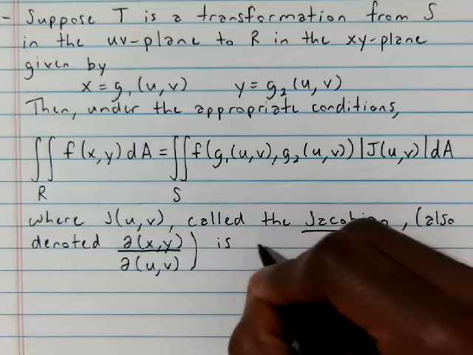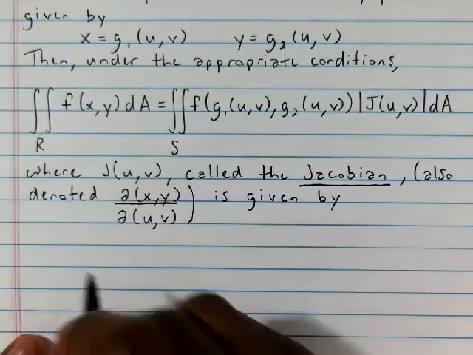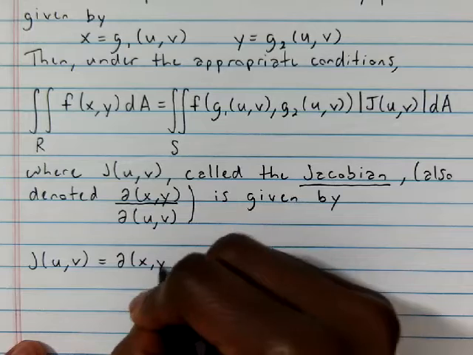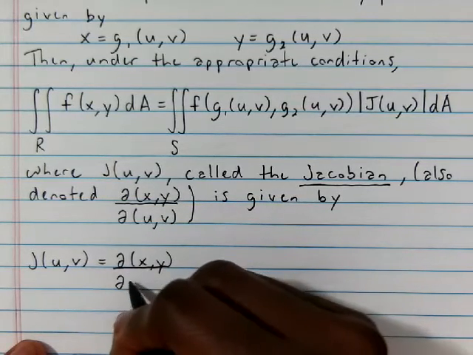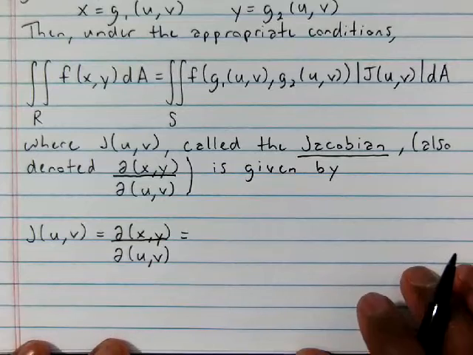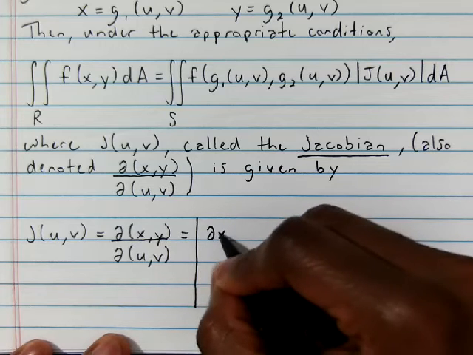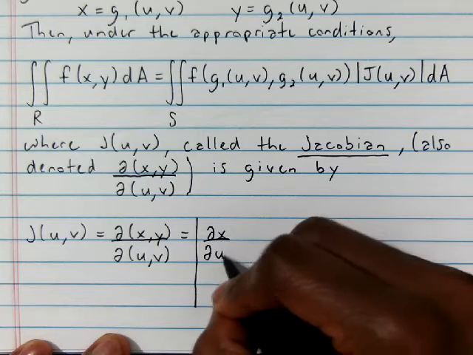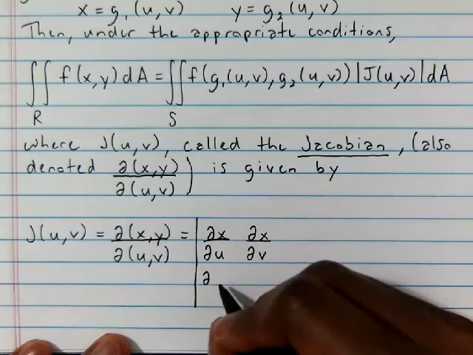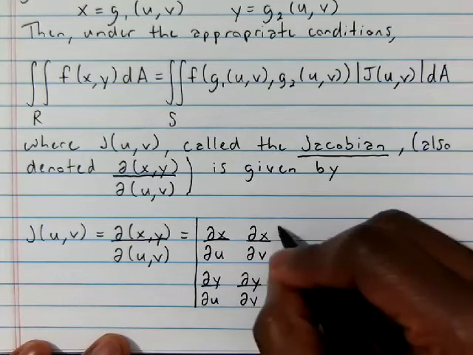It is given by the 2 by 2 determinant: the partial of x with respect to u, partial of x with respect to v, partial of y with respect to u, partial of y with respect to v.